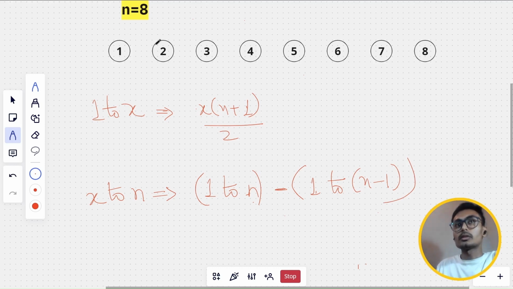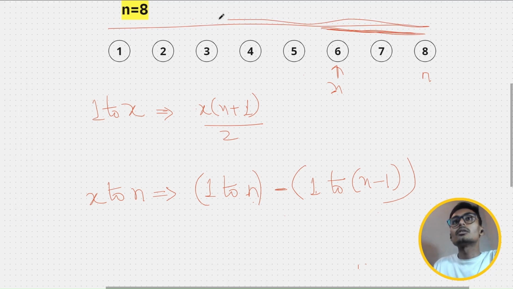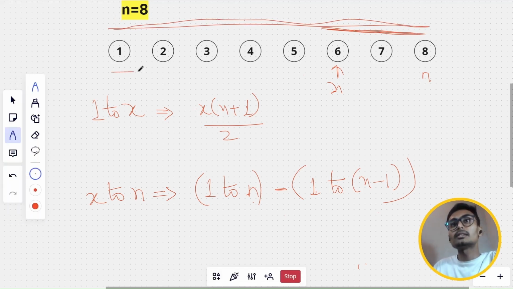Because if you look at this, suppose this is our x and this is our n. So if we have to calculate this, we will simply calculate this entire part and subtract this part. So 1 to n is this and 1 to x minus 1 is this.